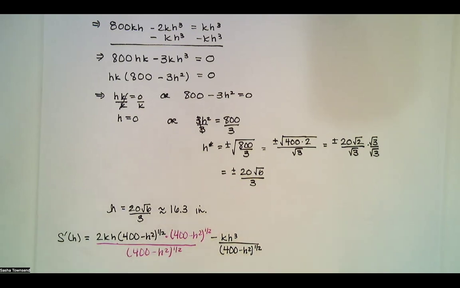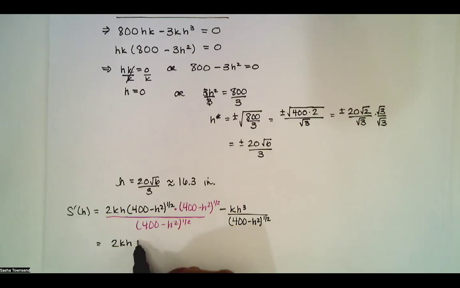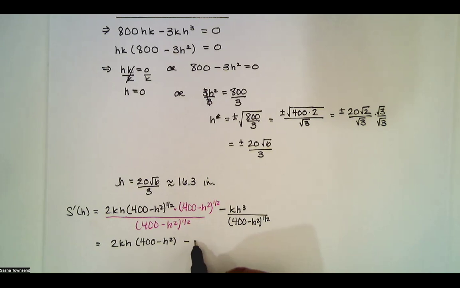That way our common denominator is that 400 minus h squared to the 1/2. Then in the numerator, we're going to have 2kh, and that square root times that square root is just the expression inside. It's like taking the square root of x and multiplying by the square root of x. You get the square root of x squared, which is x, as long as x is positive. And this 400 minus h squared is positive on the interval of interest, so we're fine there.